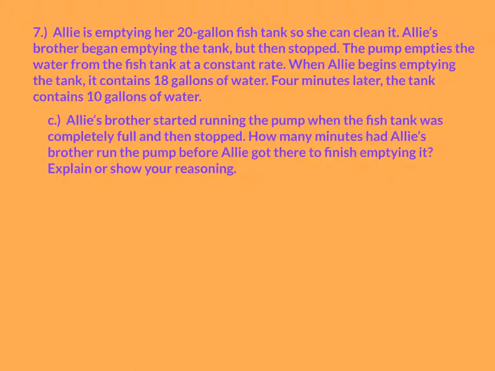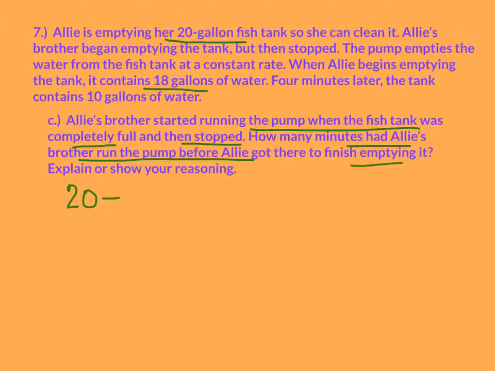Okay, so we know what's happened here. Allie's brother started running the pump when the fish tank was completely full, and then he stopped. Of course he did. Anyway, how many minutes had Allie's brother run the pump before she got there to finish emptying it? Okay, so the tank started at 20 gallons. And we know that when Allie got there, it had 18.